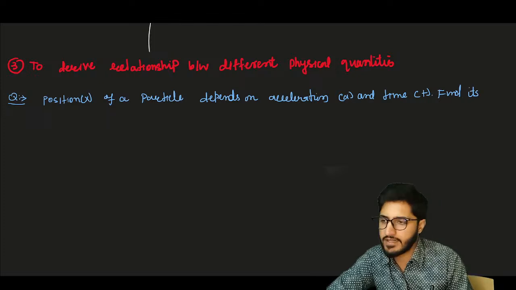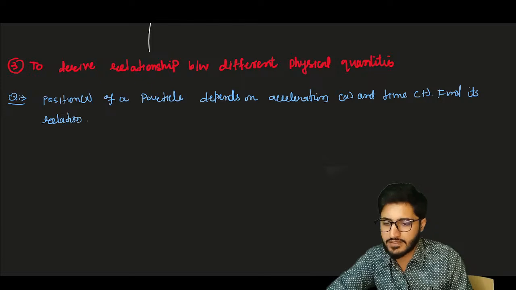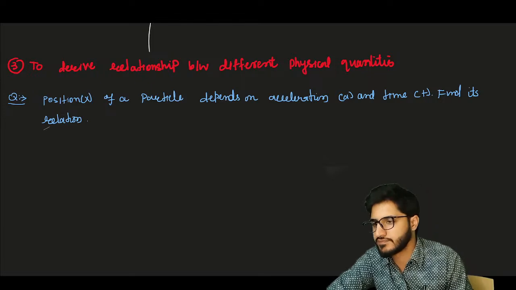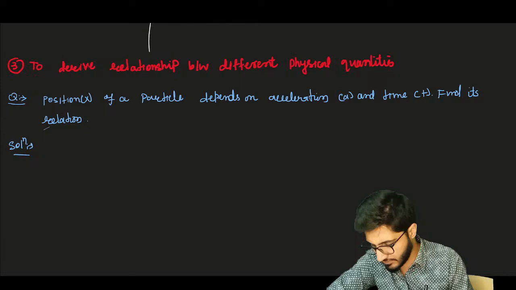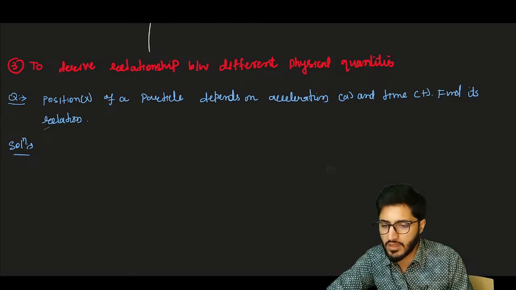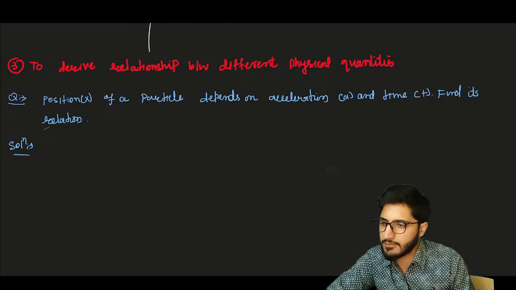Find its relation. How can we do it now? Look. So it states that we need to find the position of a particle, and the position, that means x, depends on the acceleration a by some a times and the time t by some b times.